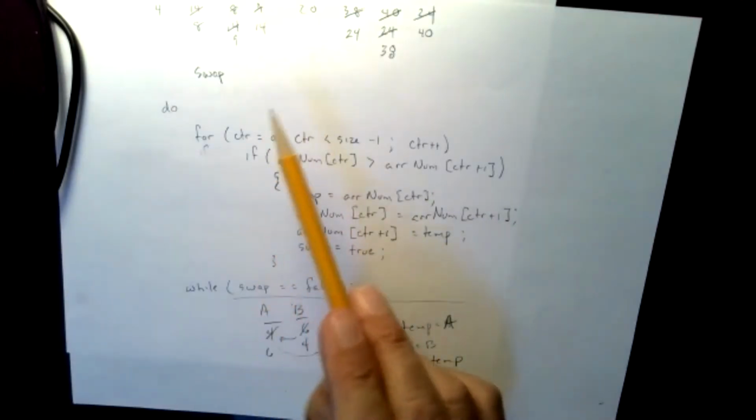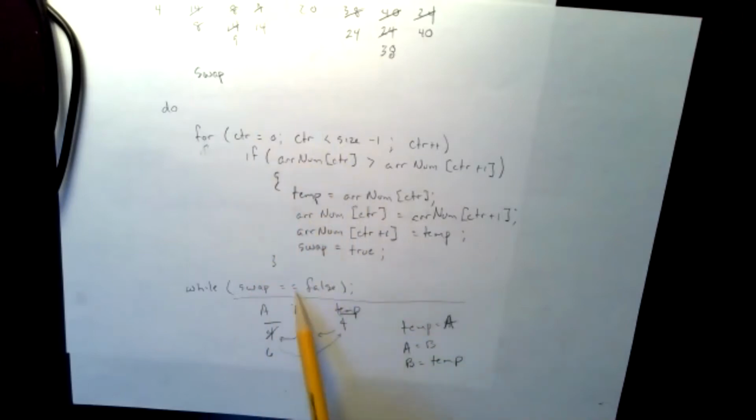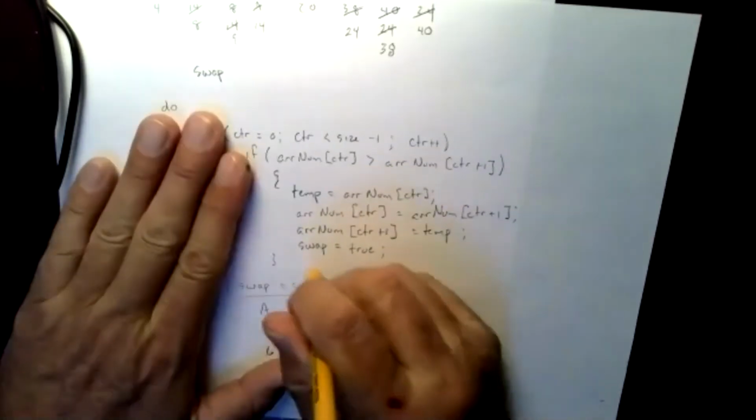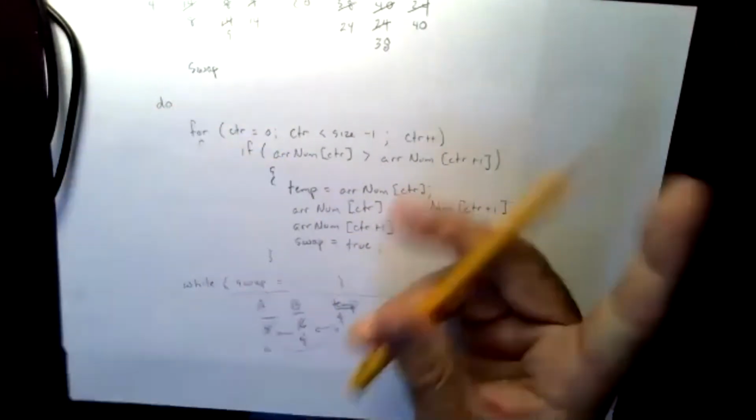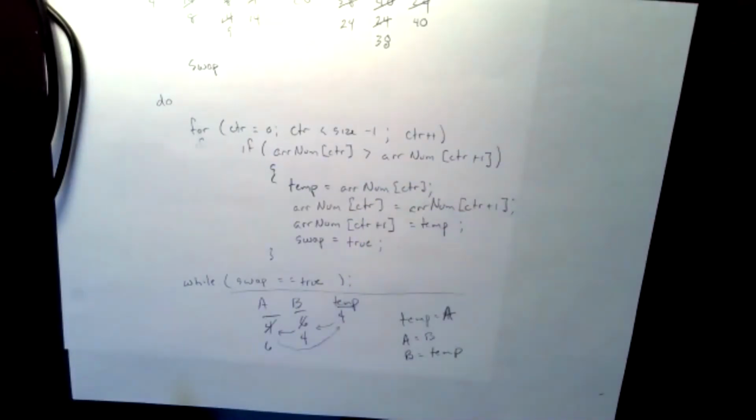All right, so if I set it as false up here, I come in and it does all this. Shouldn't it be while swap equals true, right? While swap equals true, because if it did swap, then you can do it again. But I need a swap up here.